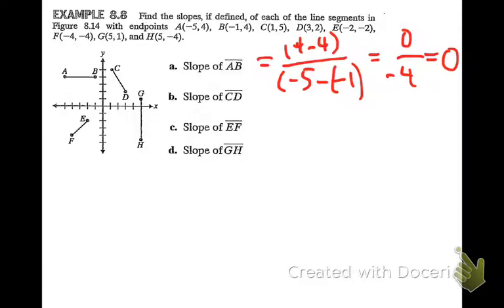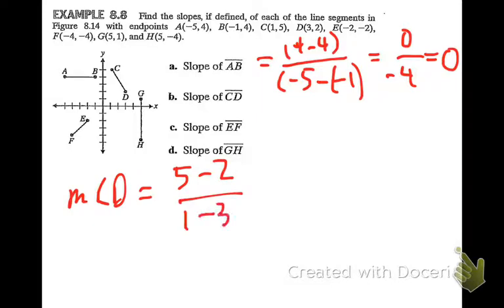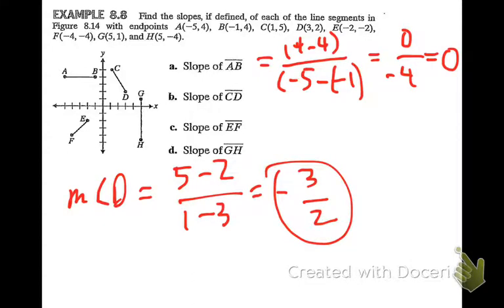So we have m of CD is equal to 5 minus 2 over 1 minus 3, which is equal to -3 over 2. -3/2. Go ahead and find the slope of EF and GH on your own.